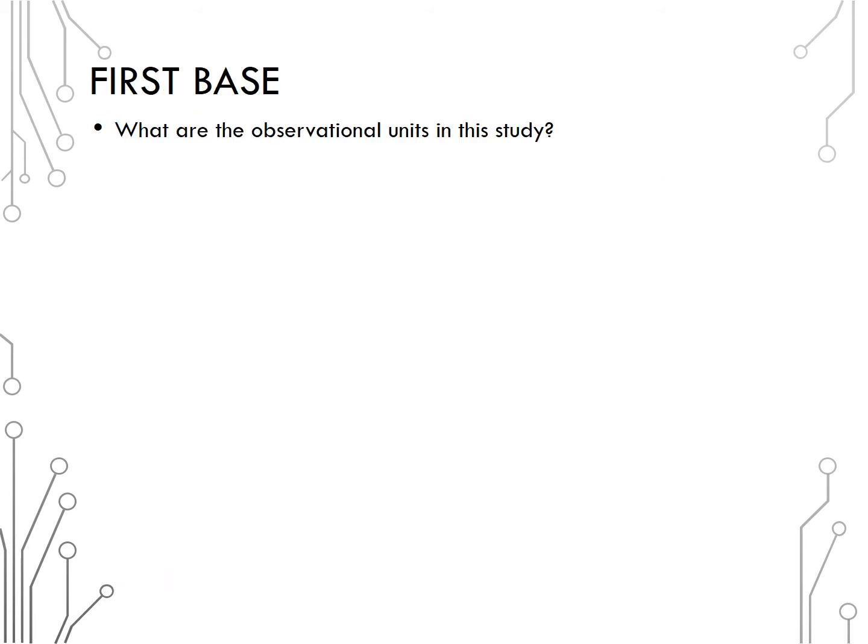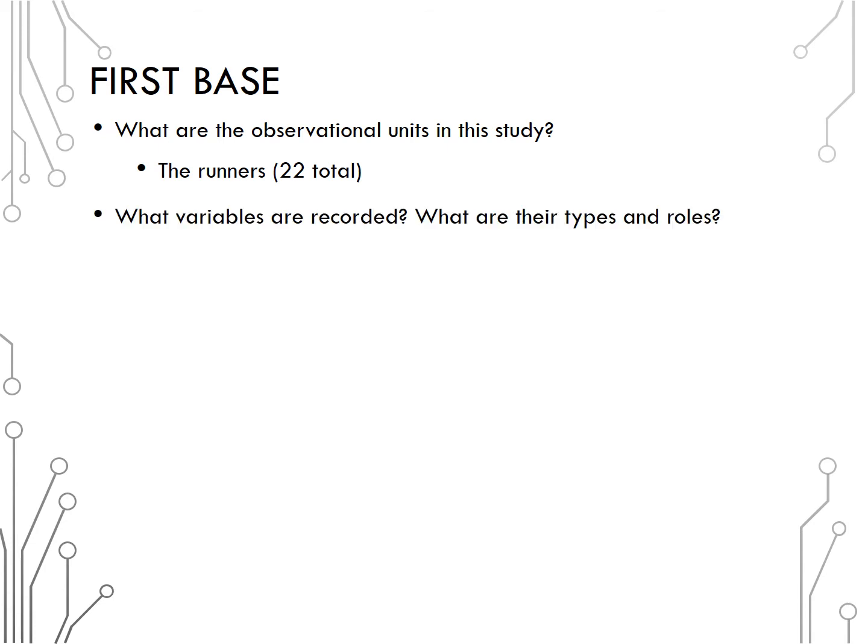For each runner, we would need to record the base running method, wide or narrow, which is categorical, and that will be helping to explain the response variable, the running time from home plate to second base, which is quantitative. I would guess that's measured in seconds, but we don't know for sure based on the information given thus far.